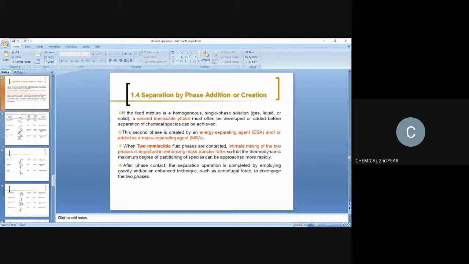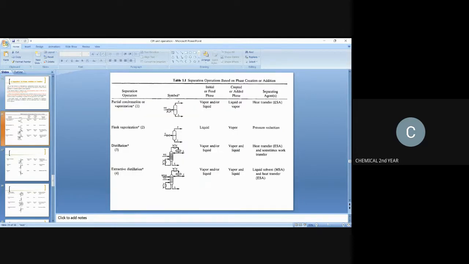After phase contact, the separation operation is completed by employing gravity and enhanced techniques such as centrifugal force to disengage the two phases. These are some separation operations based on phase creation or addition.